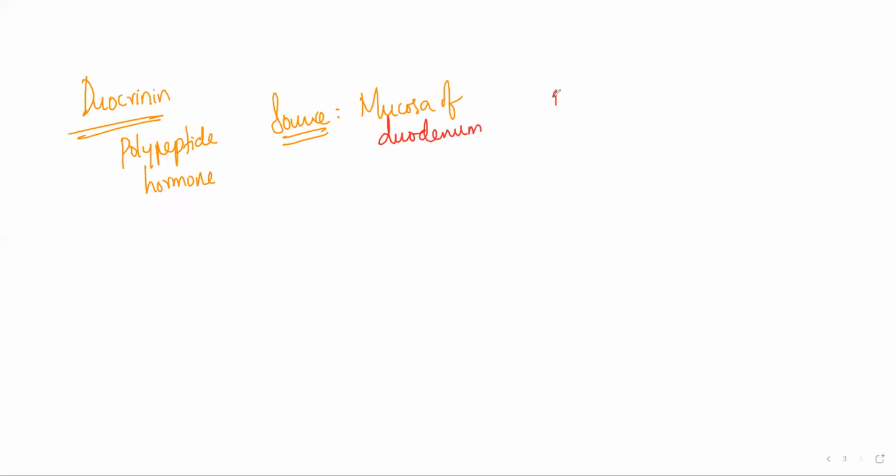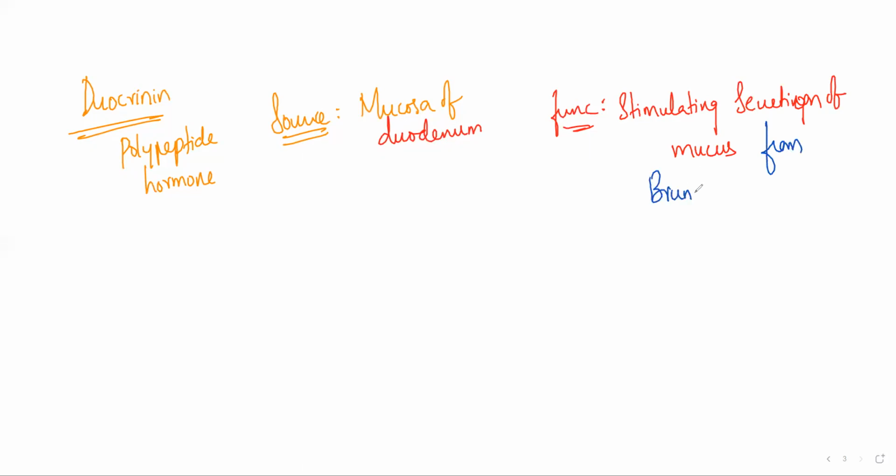Okay, and when we speak about the function of this duocrinin, it is going to stimulate the secretion of mucus from the Brunner's glands of the intestine.